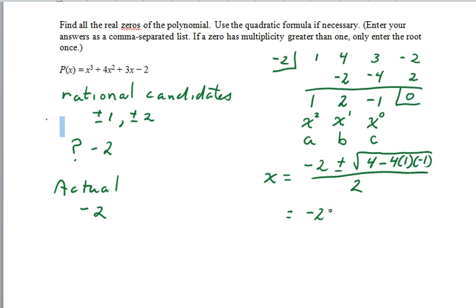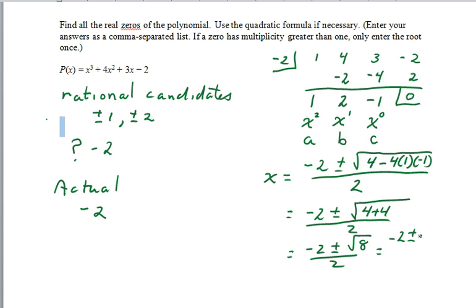So -2 plus or minus the square root of 4 plus 4 over 2. -2 plus or minus the square root of 8 over 2. -2 plus or minus square root of 4 times square root of 2 is the square root of 8. Square root of 4 is 2. We're left with a square root of 2 all over 2.